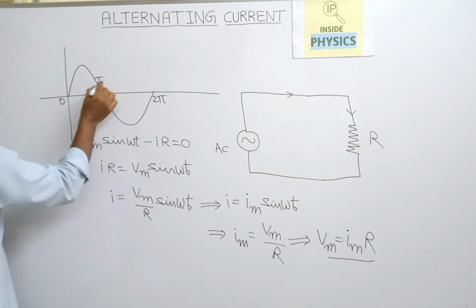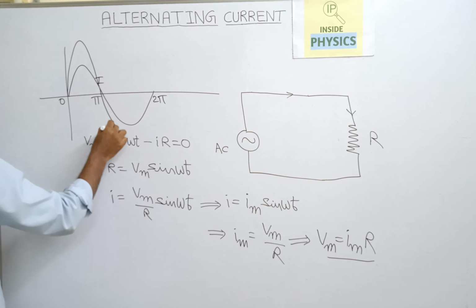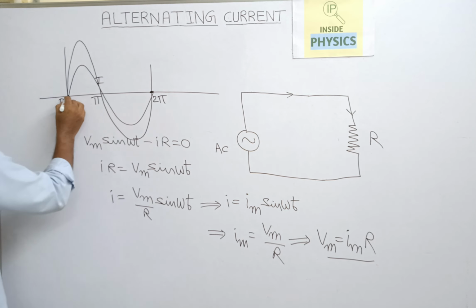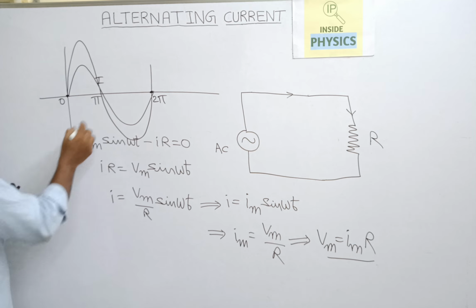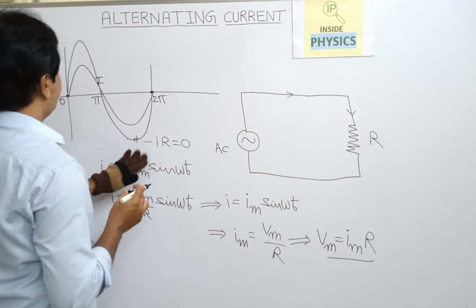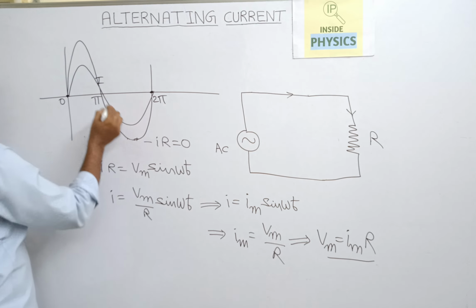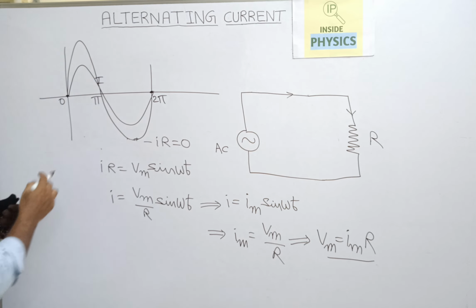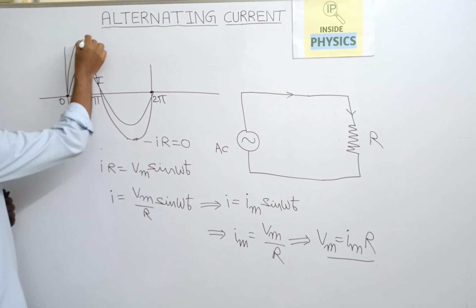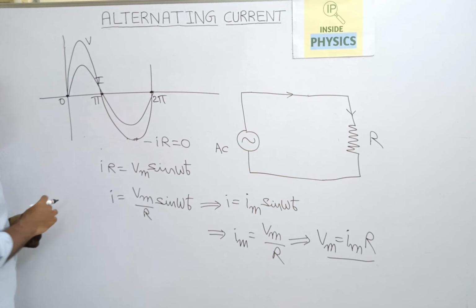If you take this curve as current and this as the voltage, the minimum is at 0, pi and 2 pi, and the maximum values are also reaching at the same time. See, here the maximum has reached at the same time for both current and voltage, and here also the minimum has reached at the same time.